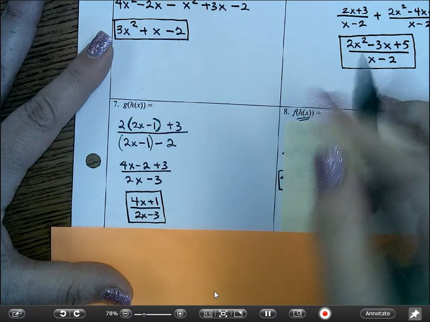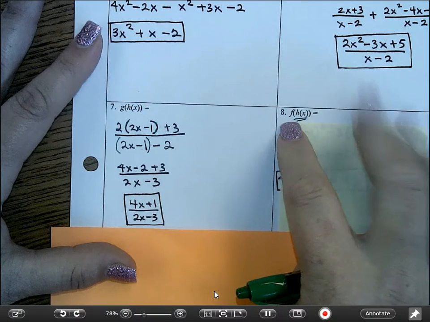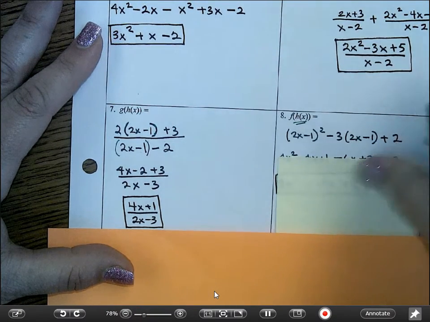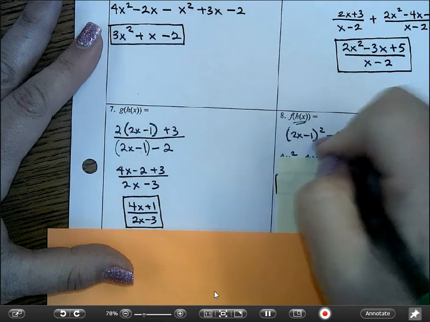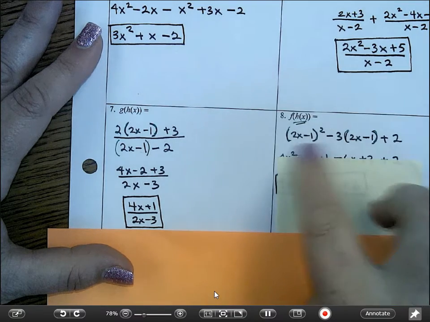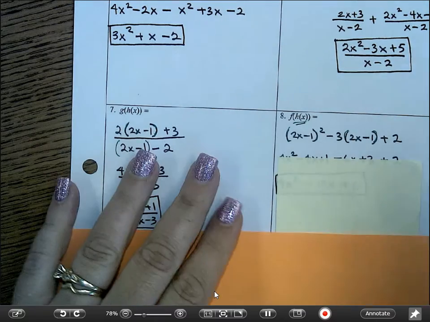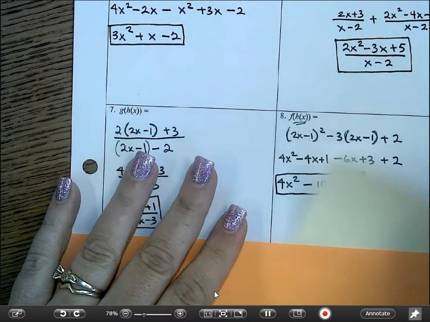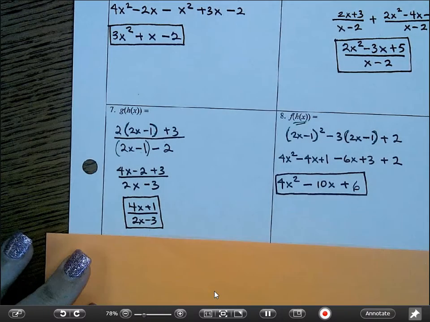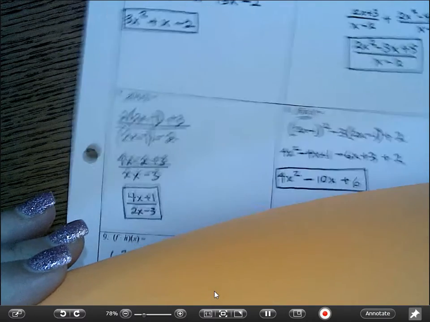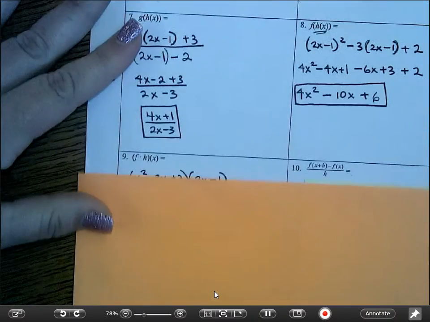H function into the f. So remember that everywhere where there is an x, put parentheses and then go back and fill in the h function. Perform your algebra, multiply, and simplify. Okay, so now we have number 9.